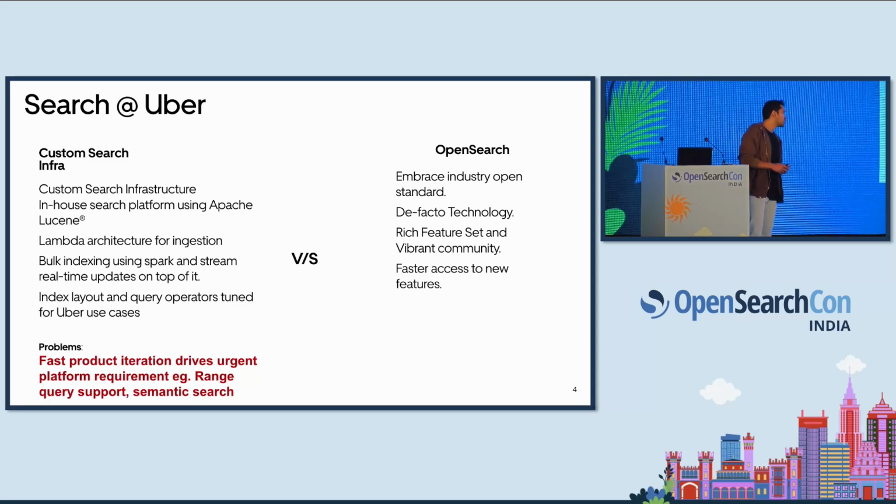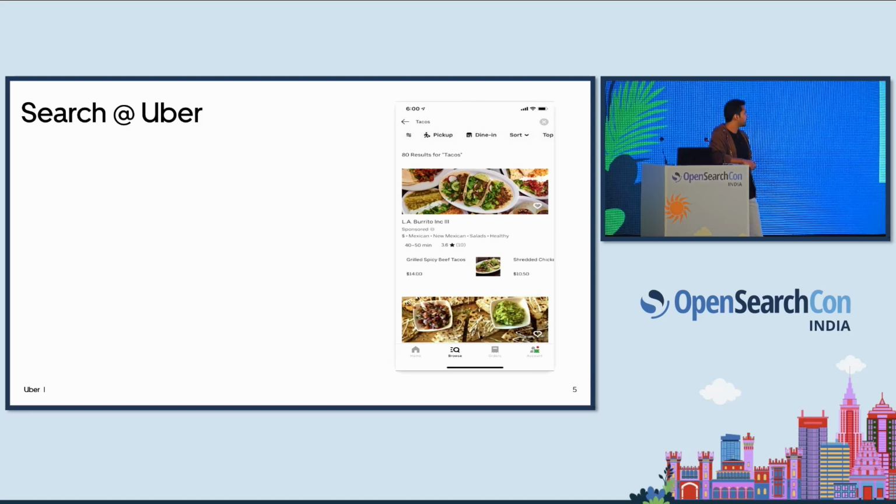Why did OpenSearch make sense here? One, because it is open source, so it allows us access to a rich feature set and a vibrant community. Any features that get developed can be easily incorporated by us and used by any use cases within Uber.